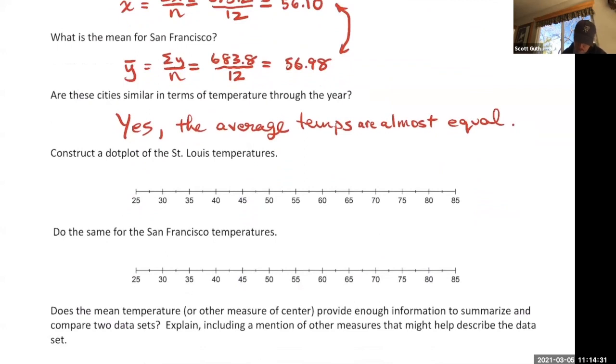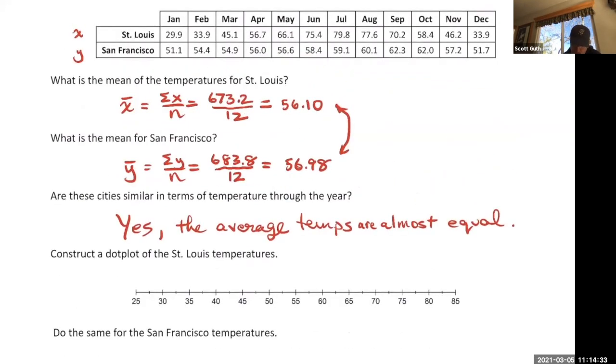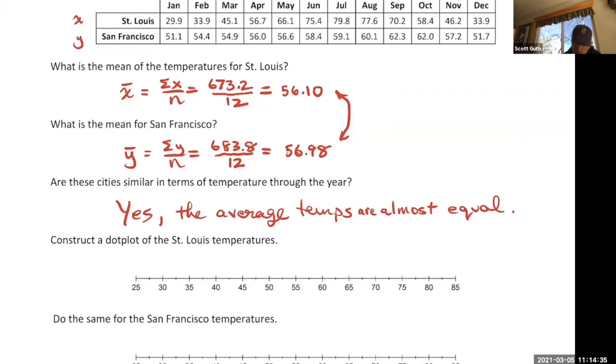Okay, and so they're asking us to do dot plots. Now we're just going to plot the best we can each of these points. For St. Louis, 29.9 is almost 30.